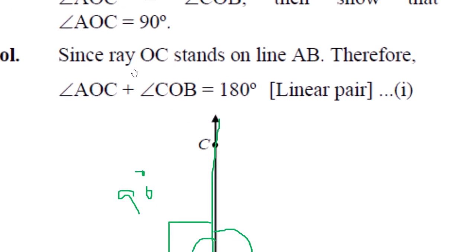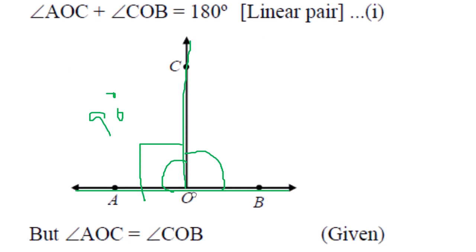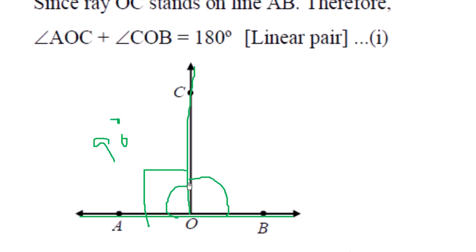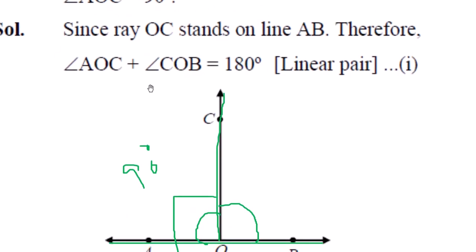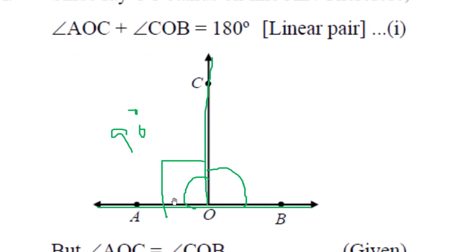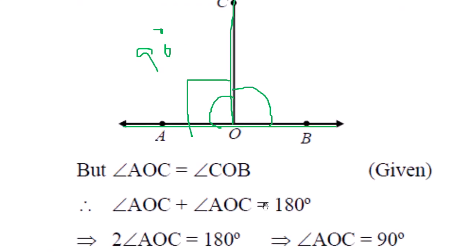Since ray OC stands on line AB, the two sides of the angle form a linear pair. So AOC plus COB equals 180 degrees because of the linear pair.